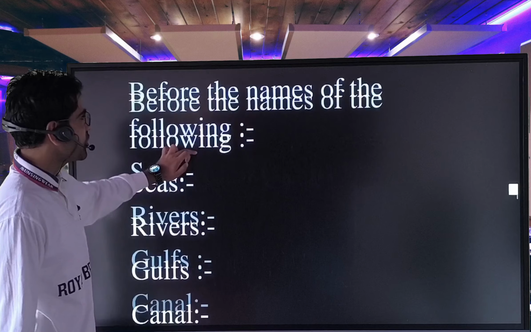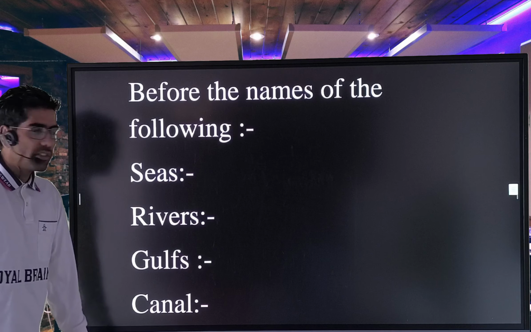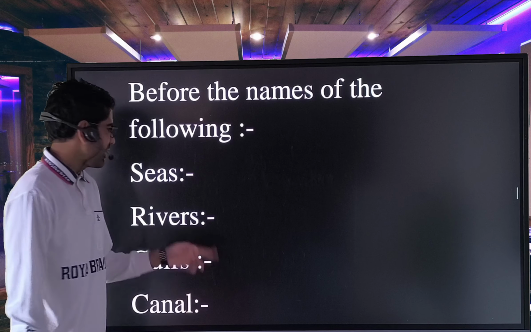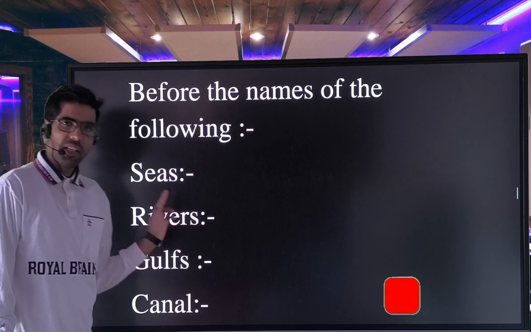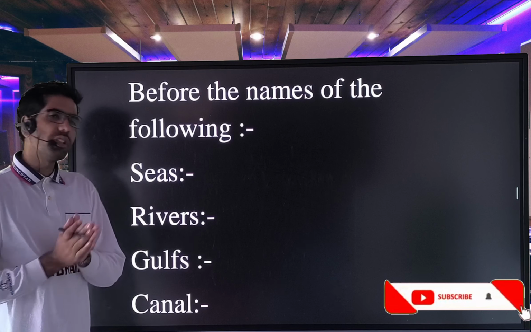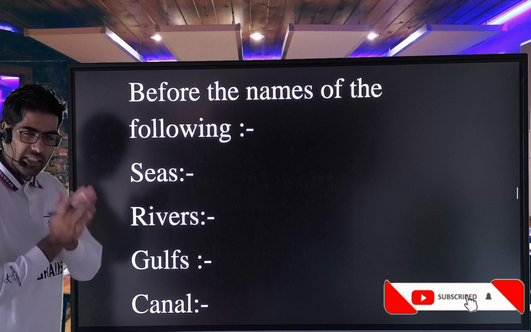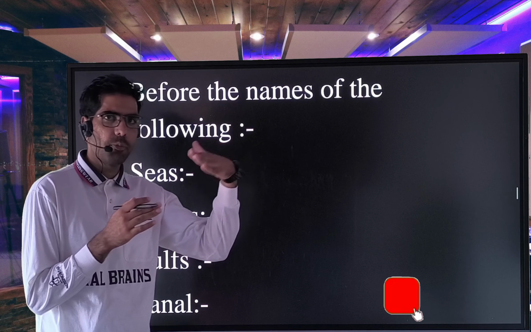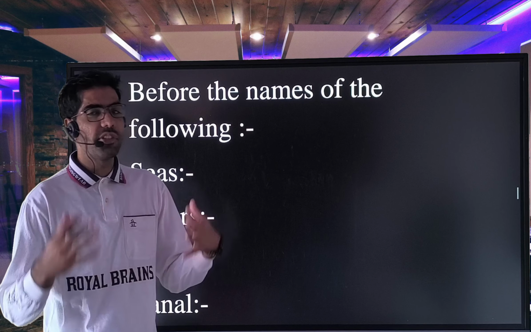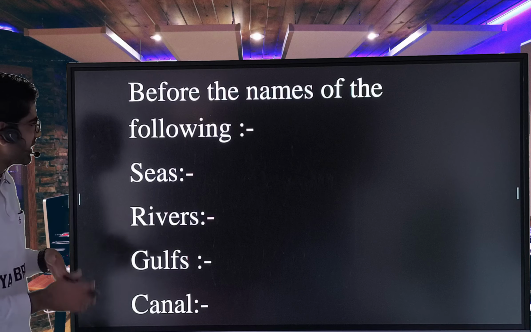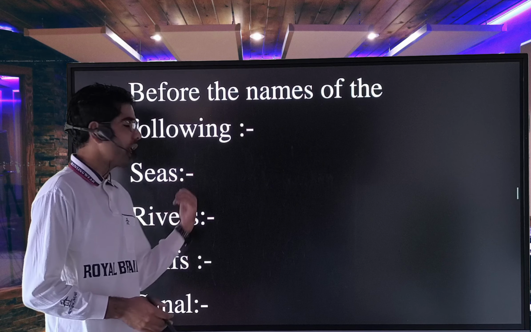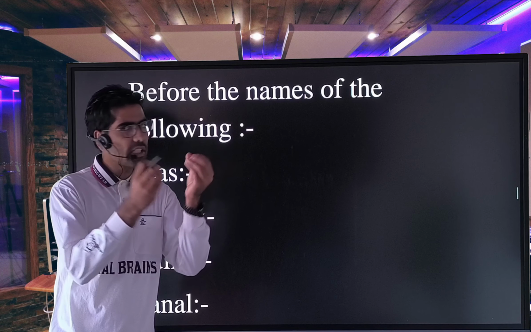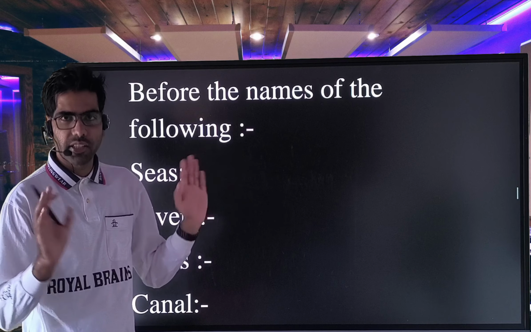So coming to the next rule, before the names of the following, like talking of seas, हमेशा seas की बात आएगी तो उनके साथ भी हमेशा article the ही use करना है। वहां पे आपको कोई भी रूल यूज नहीं करना है, जैसे a, an का आपको देखना है कि इसके beginning letters which sound they produce, वो आपको नहीं देखना है। वहां पे आपको देखना है कि यहाँ पे seas है, seas मीन्स इनके साथ मुझे हमेशा the यूज करना ही करना है। Got it?